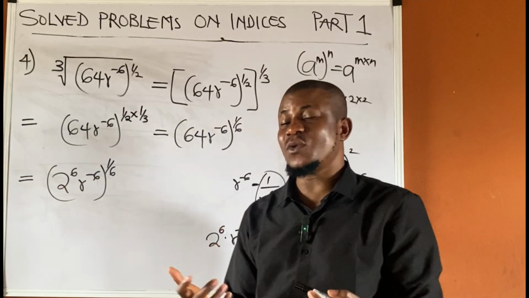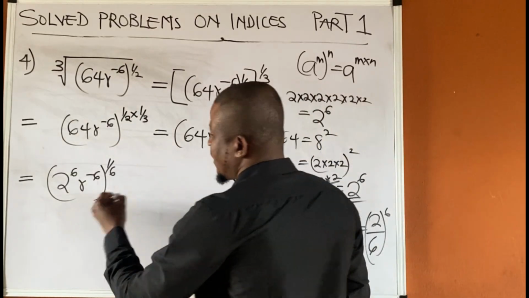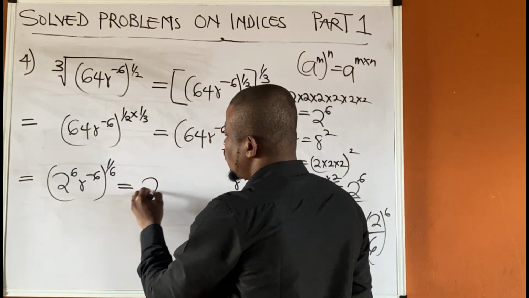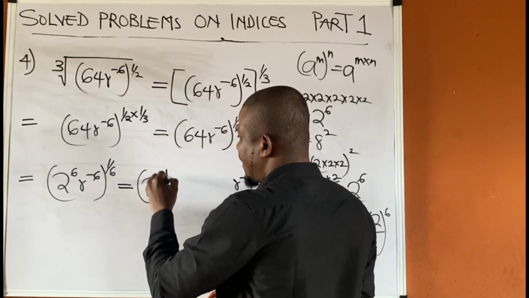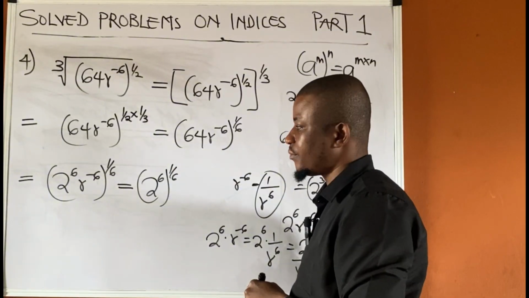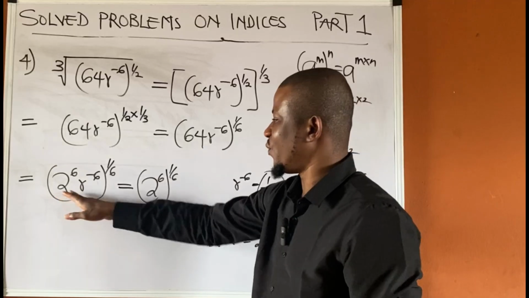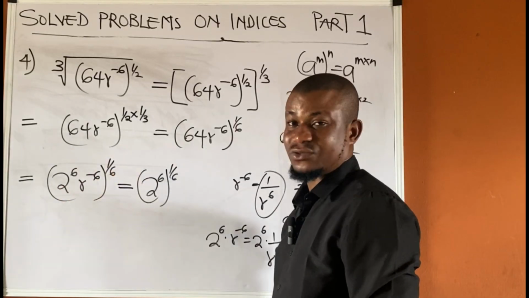Okay, but I will still want to use the usual method I've been using, where I will say that this is 2 to power 6 or to power 1 over 6, all to power 1 over 6. The product power law: when there's a product, each of these terms can be raised to that power.